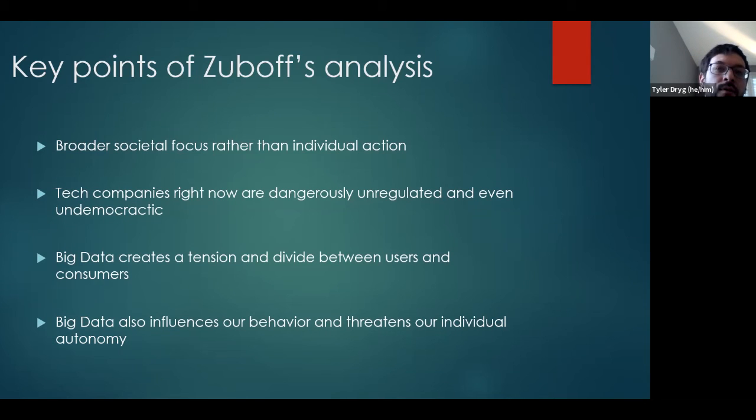And so for her, they're very potentially dangerous entities that don't have a lot of regulation, or our regulatory bodies haven't caught up to the services that they're providing. And this is potentially undemocratic because it's a very small number of people that are making decisions that then affect millions or billions of people.